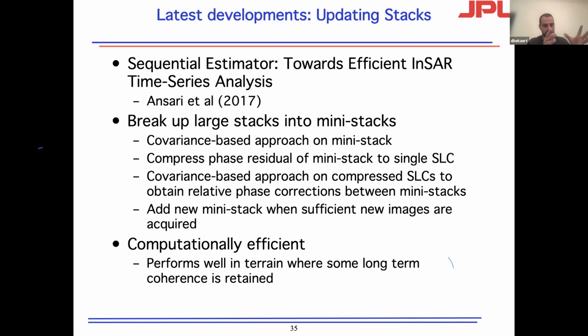So let's say you have 110 images and you split them up in mini stacks of 10 or 20, then you can compress these individual stacks to individual SLCs. And whenever you want to do the update, you only need to do that on the last mini stack. So it's much more computationally efficient.